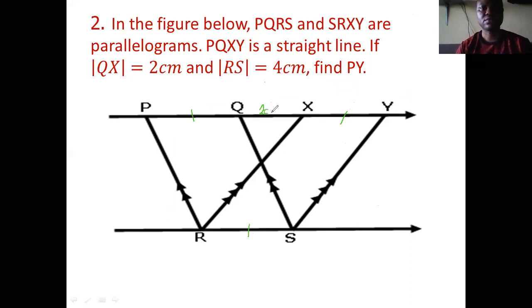So this is so simple to find PY. And RS is given to be 4 centimeters. So automatically you can solve this because I have done completely. Please take out time to do this.